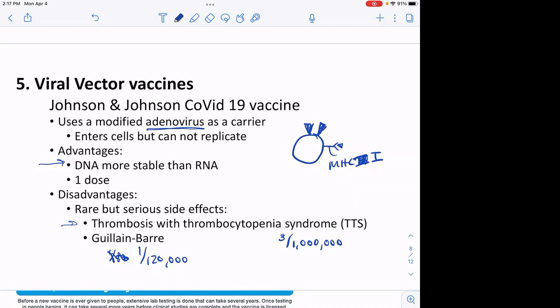So it's not just vaccines that can cause this, it's a neurological disorder that can cause some temporary paralysis, but usually clears up. Okay, so a little bit more serious, potentially serious side effects, still very rare, still much more dangerous to get COVID in general.